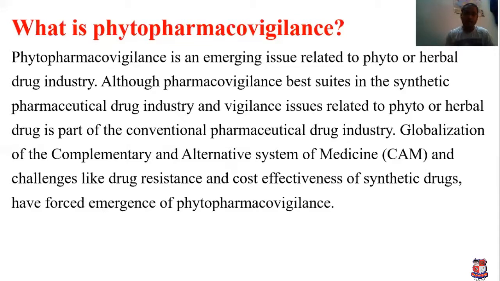Till date, many people say that herbal drugs never produce any kind of side effect, that herbal drugs are non-toxic in nature, but it is not right. Herbal drugs can produce side effects and adverse drug reactions. So nowadays, we have to go deep to know the adverse drug reaction of herbal and Ayurvedic medicines, and it is known as phytopharmacovigilance.